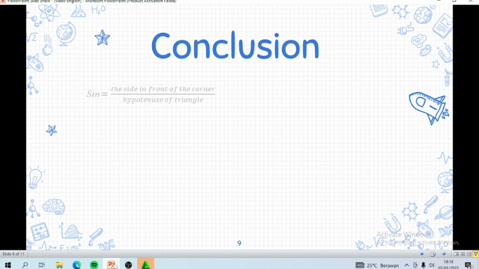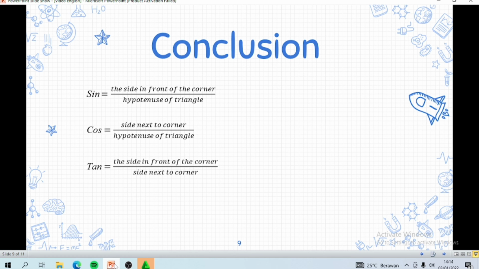Now conclusion. Sin equals the side in front of the corner divided by hypotenuse of triangle. Cos equals side next to corner divided by hypotenuse of triangle. Tan equals the side in front of the corner divided by side next to corner.